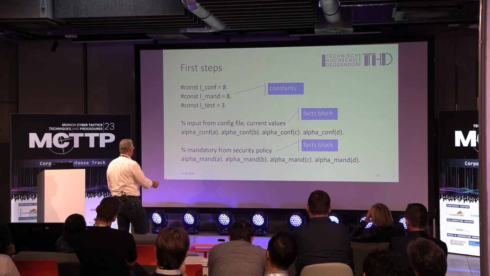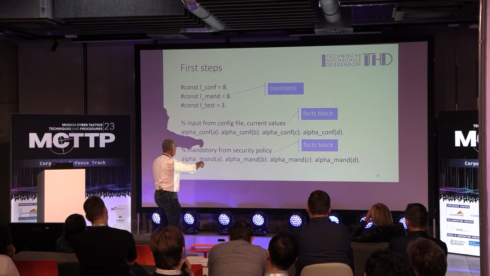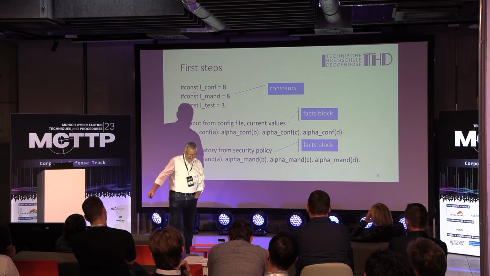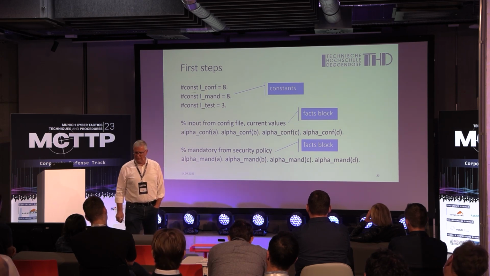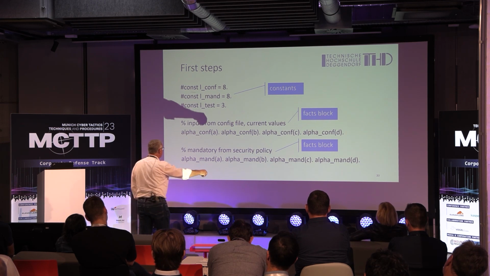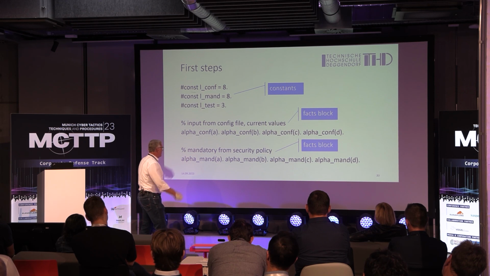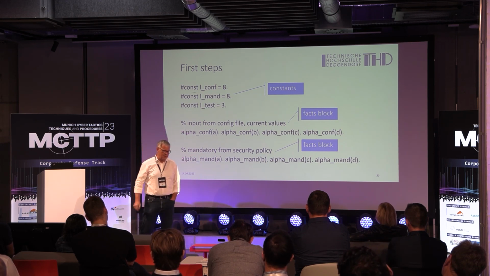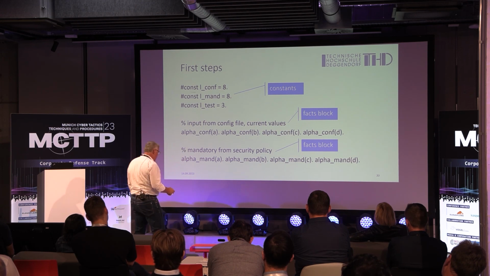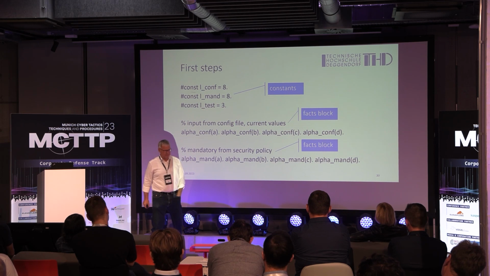And then we have to put in the real alphabet, or let's say the set of signs which can be used to build up a password. I did it only for 4 signs, A, B, C, D, which is the current value, so we have to get it from the configuration, and here the mandatory which we get from the security policy.